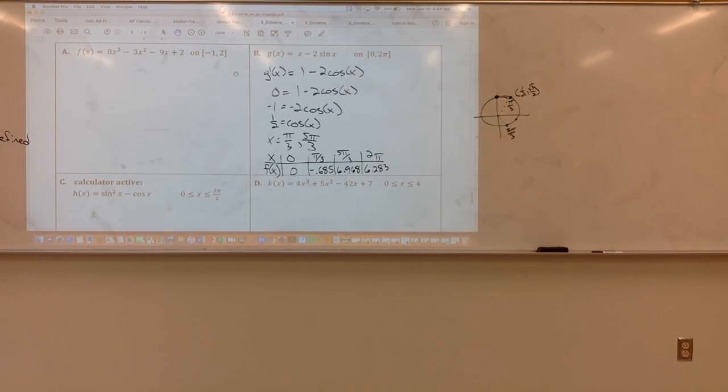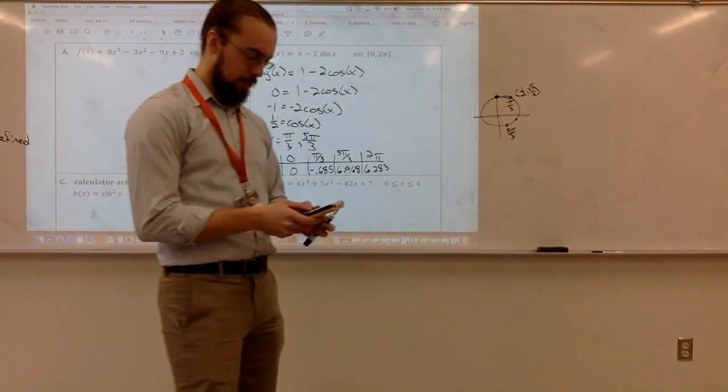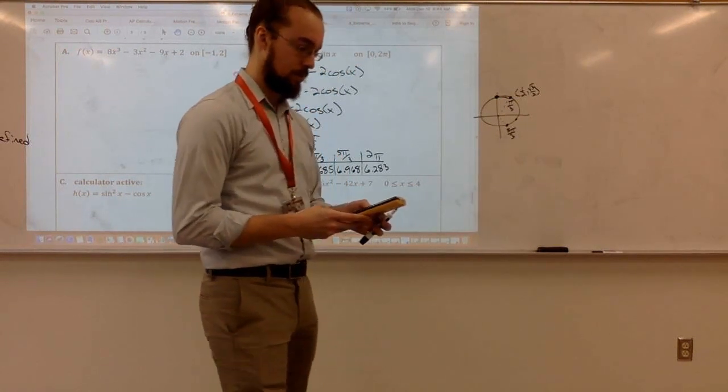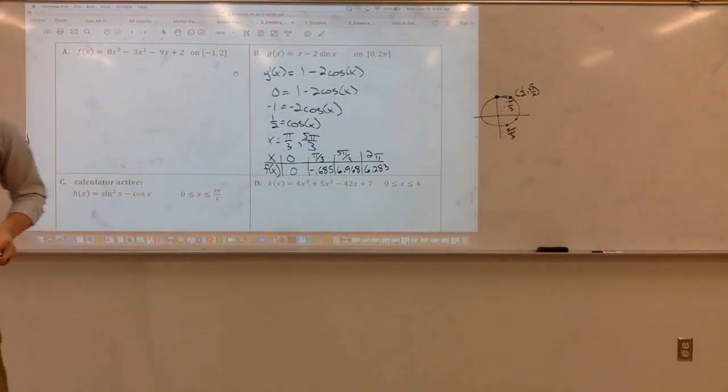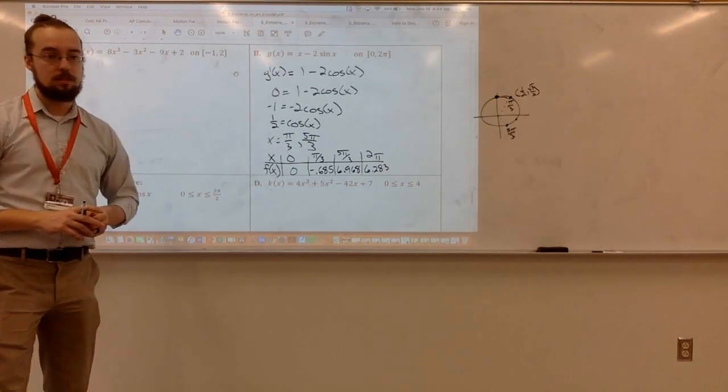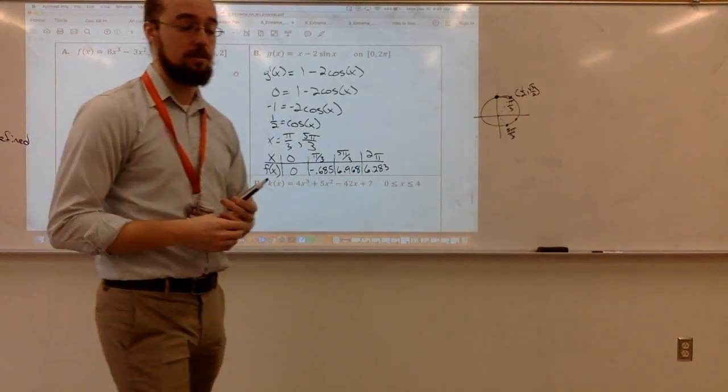It's very tough. Oh, mine broke. Okay, I might have done something wrong, because that does not look right compared to my answers. Are you in the right mode? Remember, we should be in radian mode. Yeah, I'm in radians and I'm getting 0 for everything.